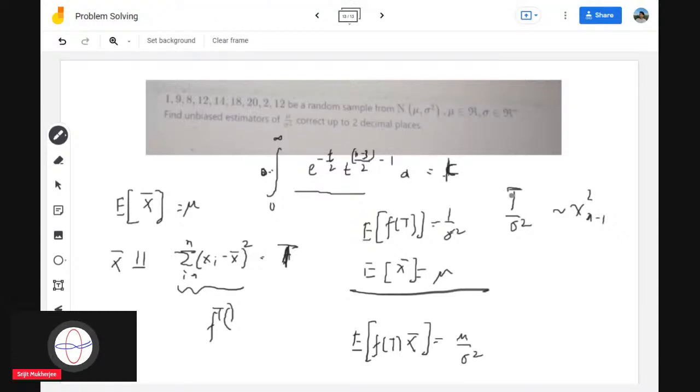Okay, this follows chi-square, so the expectation of 1 by z will be something like a constant. Therefore expectation of sigma square by t will be c. So ct will be 1 by sigma square.